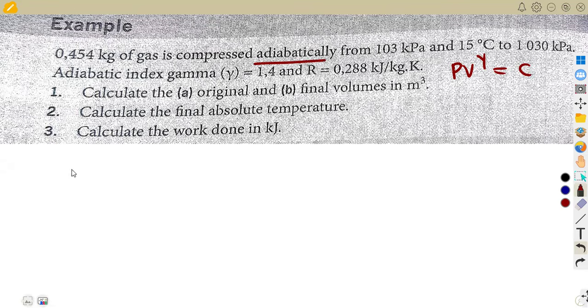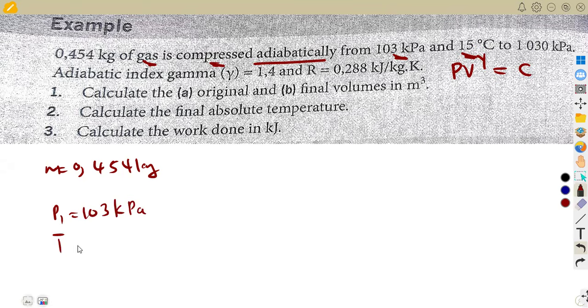So they are saying we are given a mass, in this case, of 0.454 kilograms of a gas, which is being compressed, right? So it's being compressed from P1, 103 kilopascal, and T1, the temperature 15 plus 273, which is 288 Kelvin. So we are given gamma as 1.4.